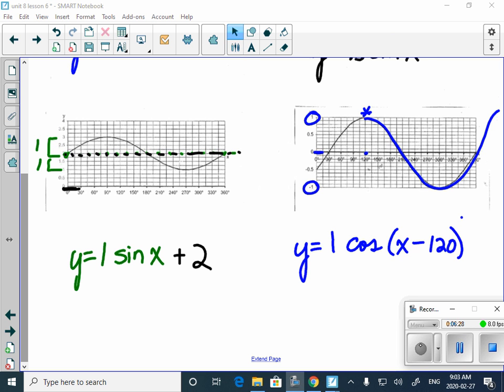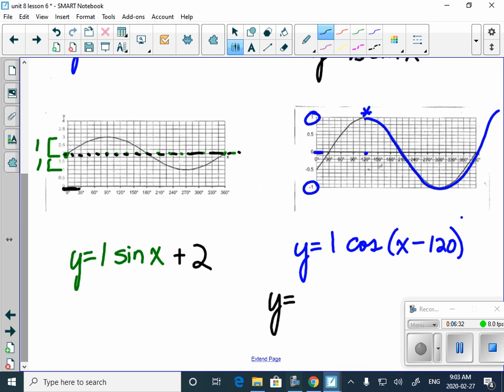If someone else said, I don't like using cos, I like using sine, the amplitude would still be 1. But if you decided it was a sine function, it has been moved over 30 because sine starts in the middle. Middle, up, middle, down, middle. This is a sine function moved to the right 30. And both of those answers would be perfectly correct.